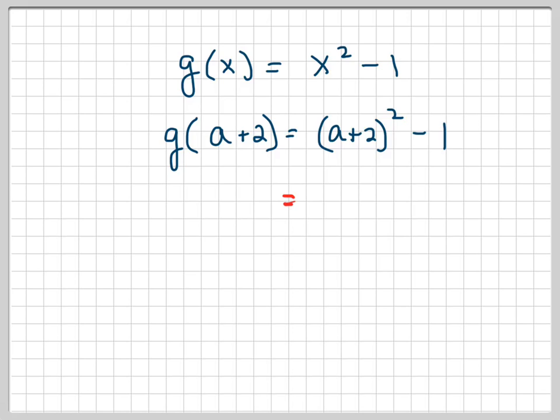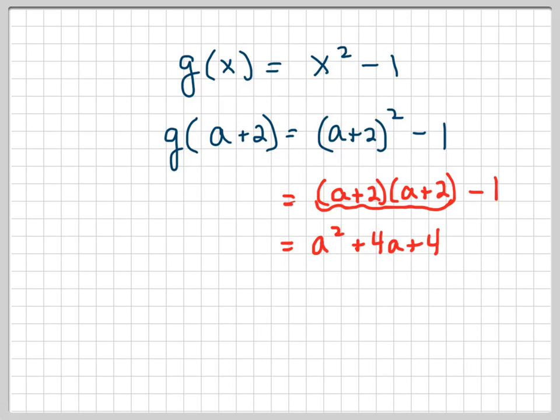So a plus 2 squared means to take it times itself. So it looks like this now. And then this is a big distributing problem. I'll leave it to you to do all the distributing, but the answer, when you multiply it out, is that. And then I can do 4 minus 1. So there is g of a plus 2.